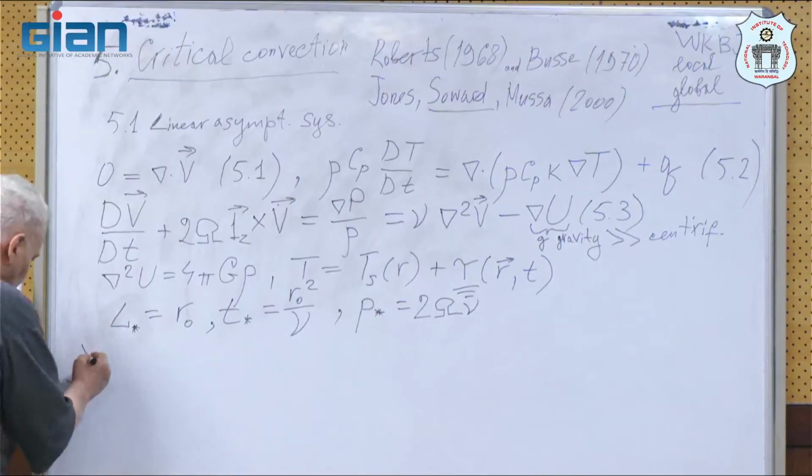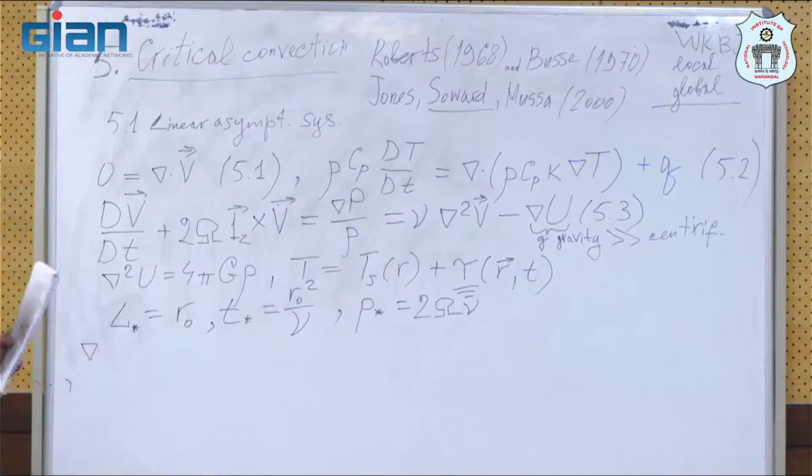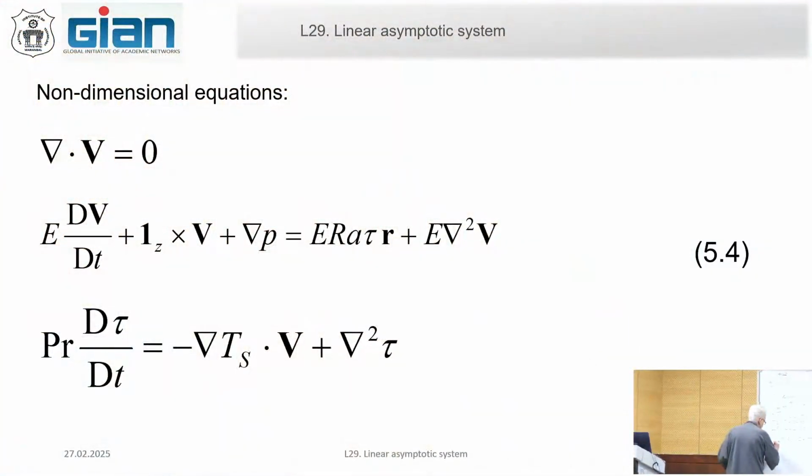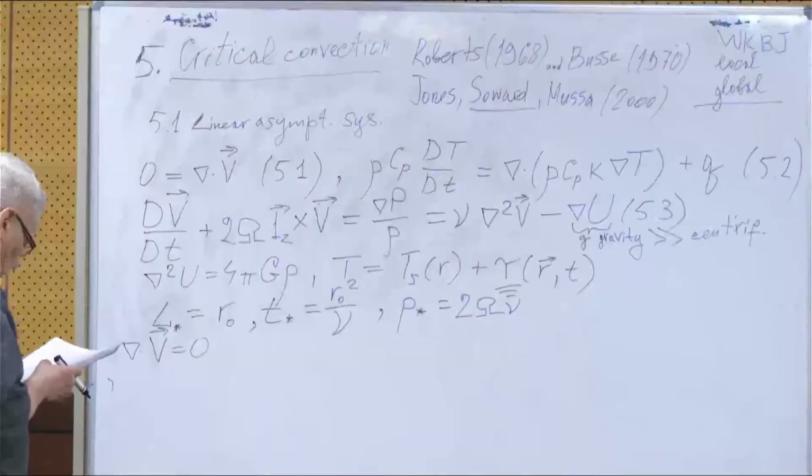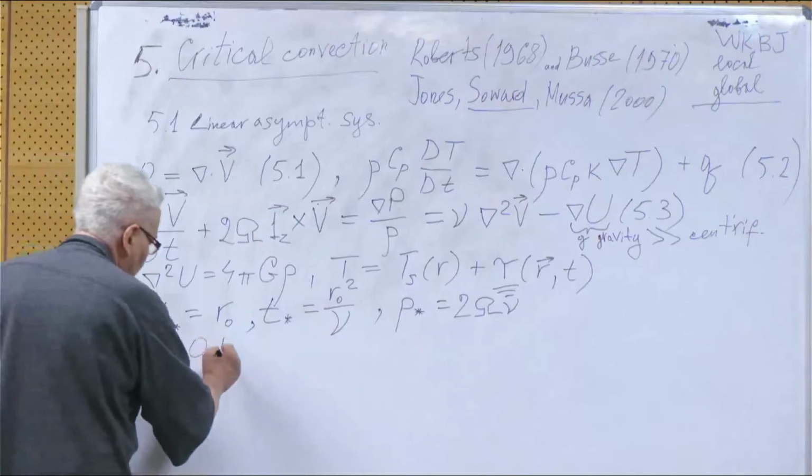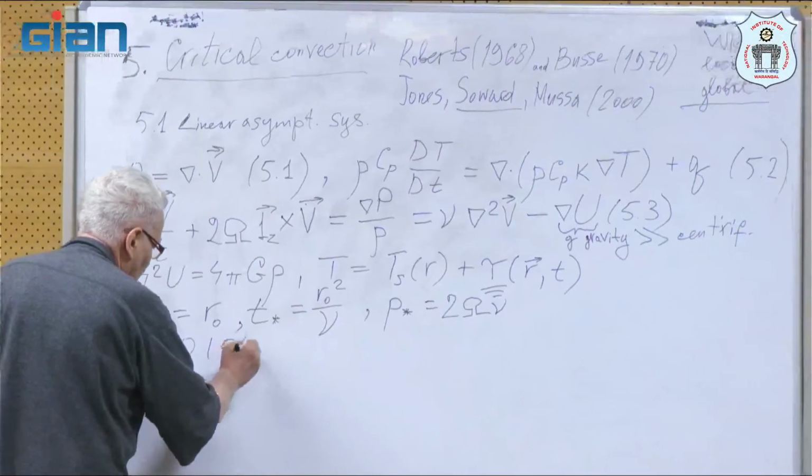Here are the non-dimensional equations. Let's write them down and comment. The first one is, of course, the divergence-free condition. And we number it 5.48.